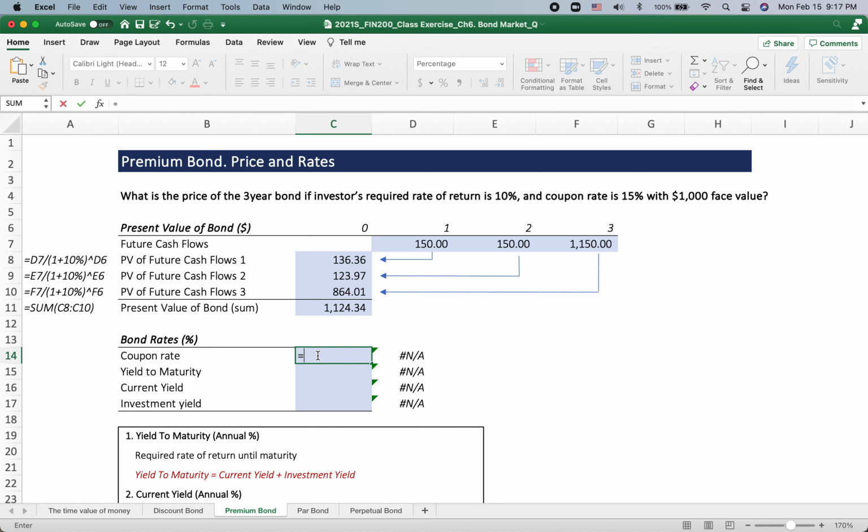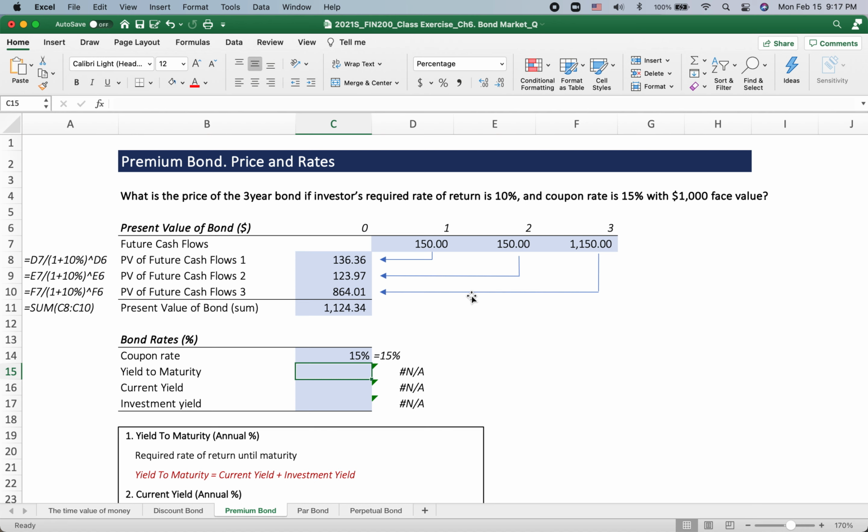Okay, then let's identify all the bond rates. Coupon rate is already given, 15%, and then yield to maturity. Again, what is yield to maturity? It is the required rate of return until maturity, or the interest rate if these investors hold this bond until maturity.